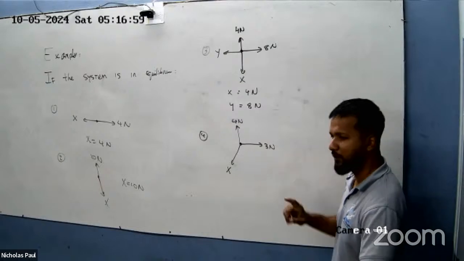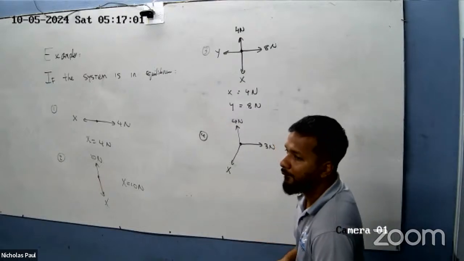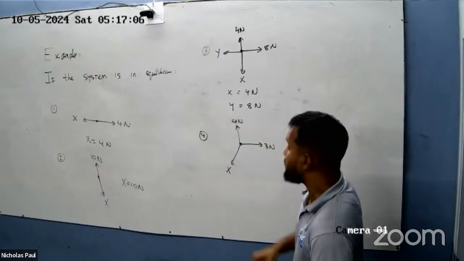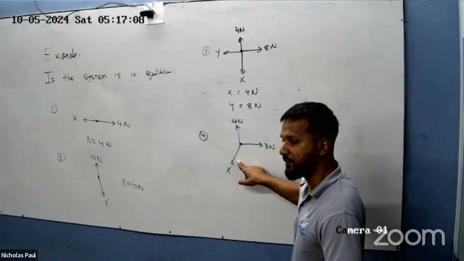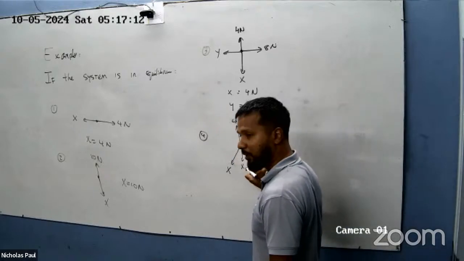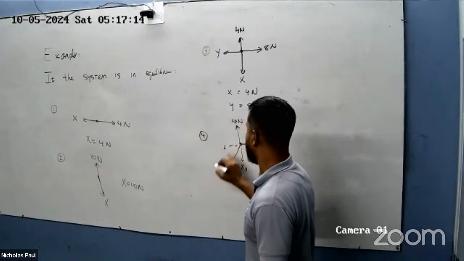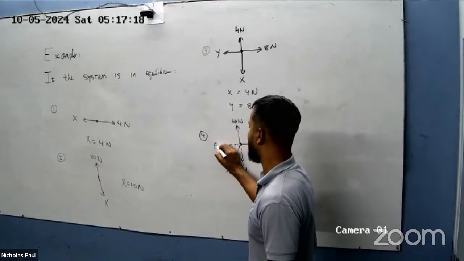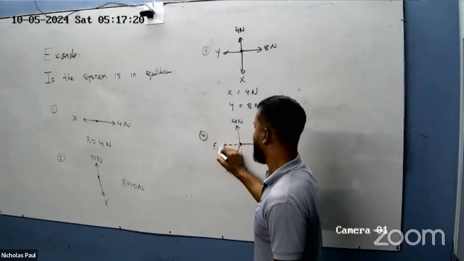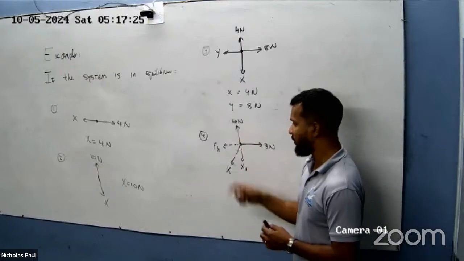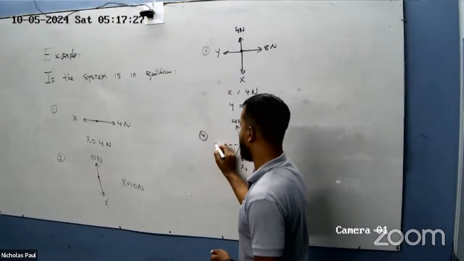Then again, it goes there, so that's separated. X and Y out. So you resolve this, find the vertical component and the horizontal. And since it's in equilibrium, the vertical component will be 3 newtons, and the horizontal will be 4 newtons.